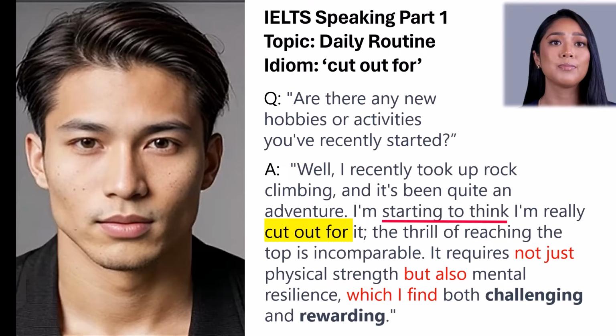The linking phrases "not just, but also" and "which I find" structure the answer clearly, demonstrating the speaker's ability to coherently connect thoughts and convey a reflective perspective. This sophisticated use of language, including the idiom and comparison, both challenging and rewarding, illustrates the speaker's high level of English proficiency, fulfilling the criteria for extended answer development and grammar complexity expected in a high band score response.